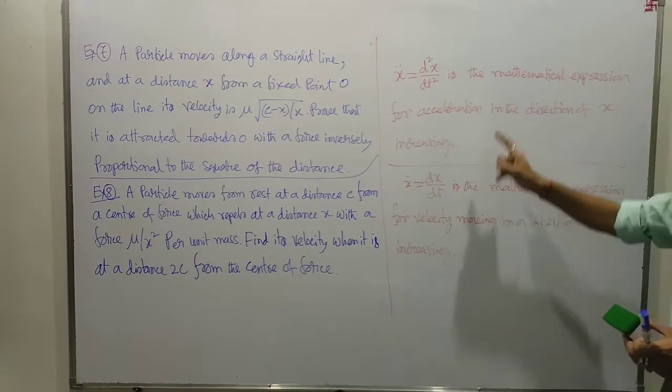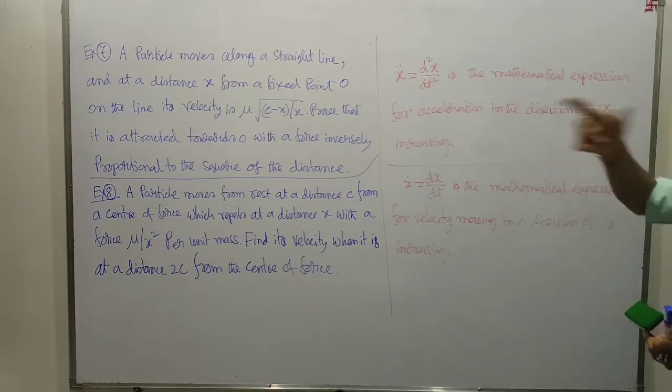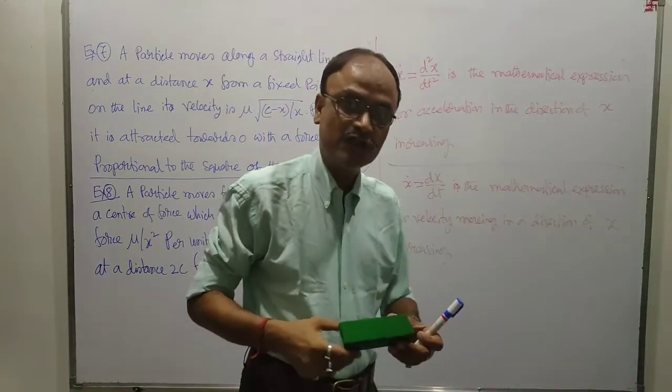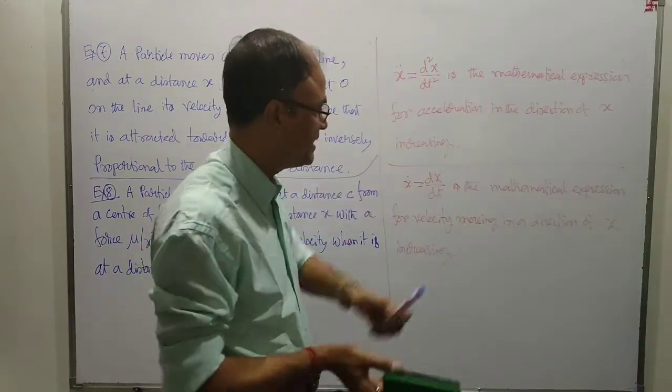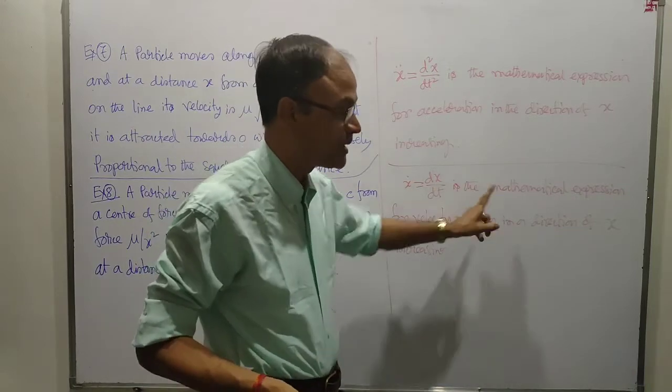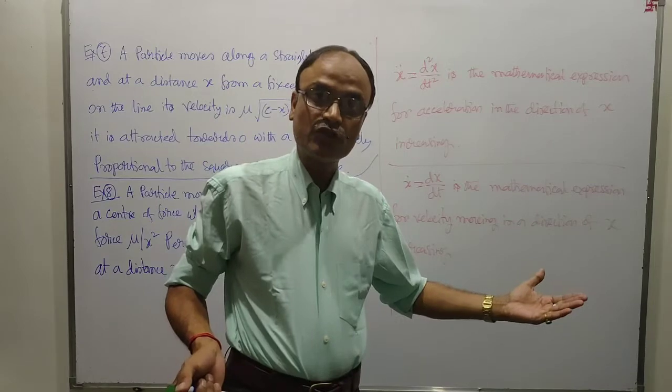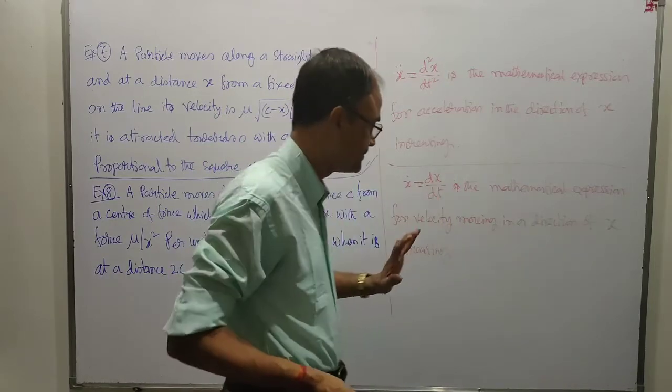Just note these two. X double dot is the mathematical expression for acceleration moving in a direction of x increasing, and x dot is the mathematical expression for velocity in a direction of x increasing.